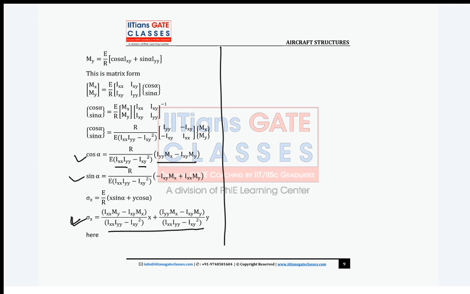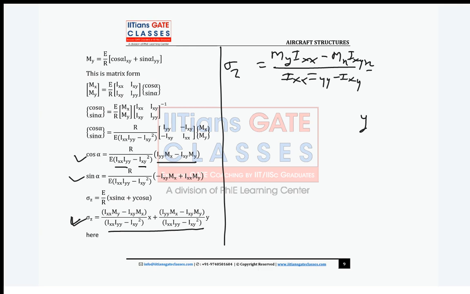What is your sigma z? One term will be x and another will be y, right? So when it is x, you will have the moment My multiplied by Ixx, then minus Mx into Ixy, by Ixx into Iyy minus Ixy square.